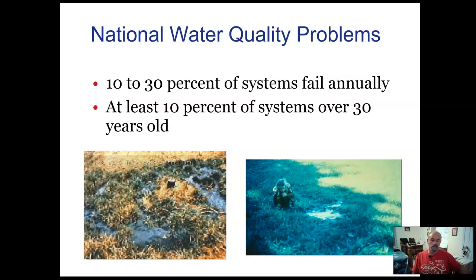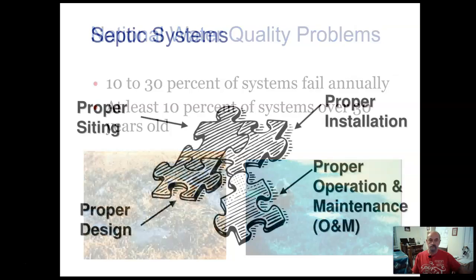Such failures expose people, animals, and vegetation to unsafe contaminants. These pictures show wet areas in septic drain fields, where saturated soils allow raw wastewater to percolate to the surface.